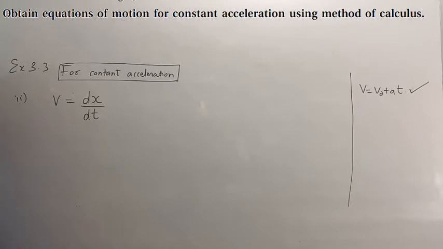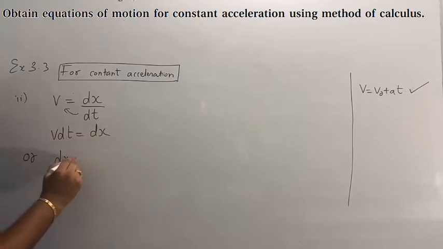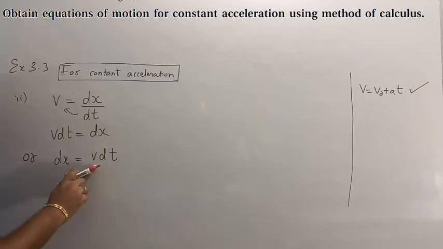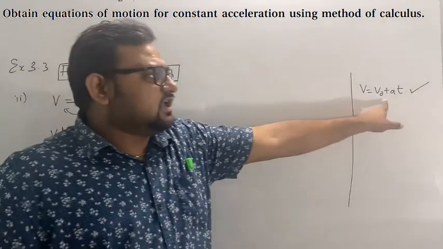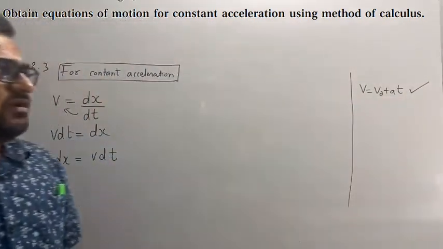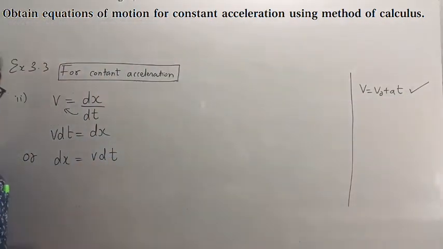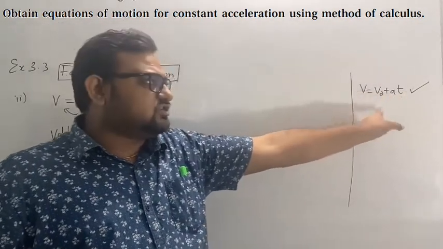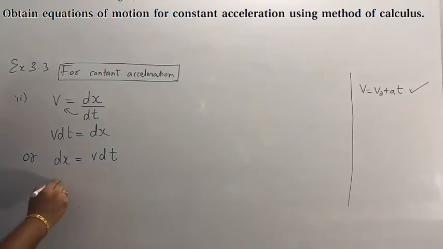We will use a similar method to the one we did in the first. v dt equal to dx, or dx is equal to v dt. Then what was the formula for velocity? Velocity at any time t will be equal to v0 plus at, where v0 is the initial velocity. So dx equals v0 plus at dt.